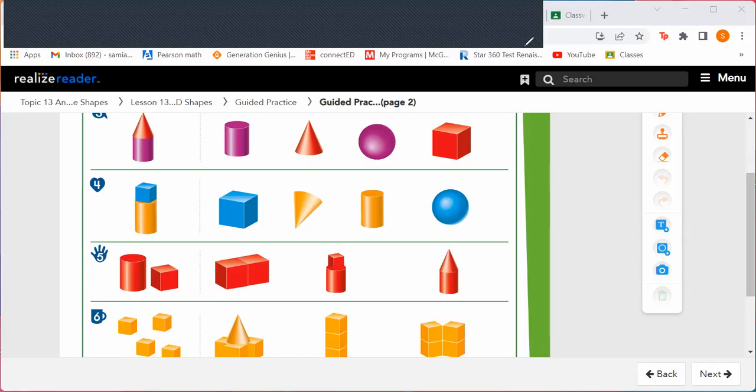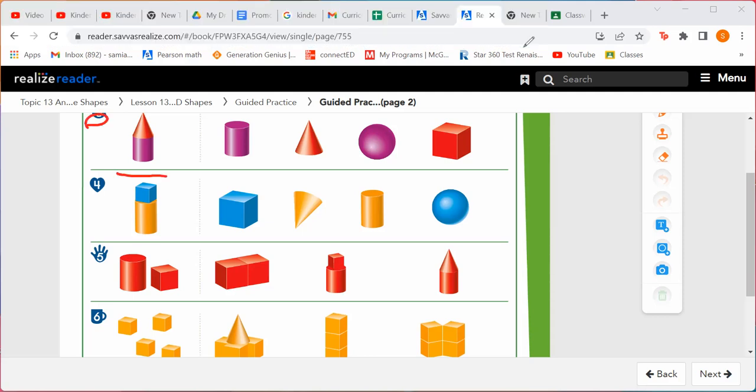Okay, let's look at number 3 and 4. Use tools to build the shape and then draw a circle around the solid figures that build the shape. So let's look at number 3 here and look at this shape right here.